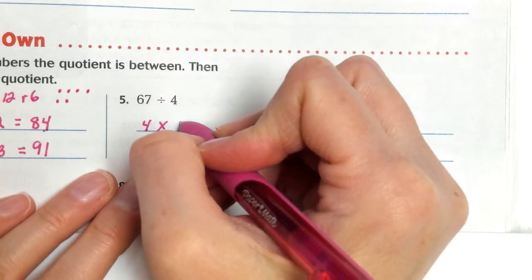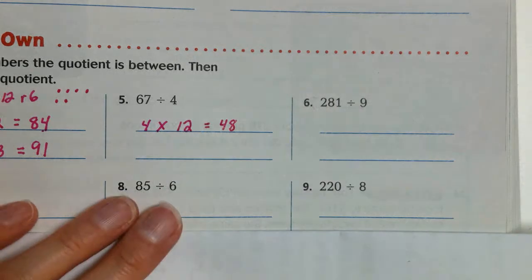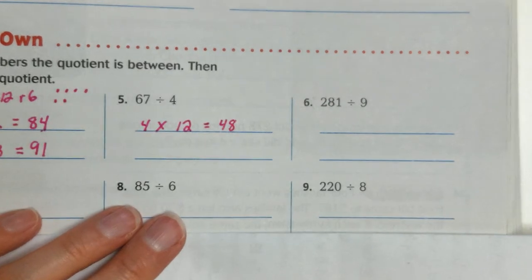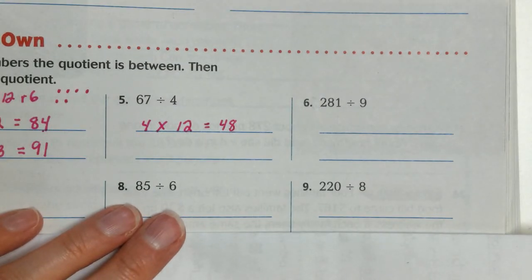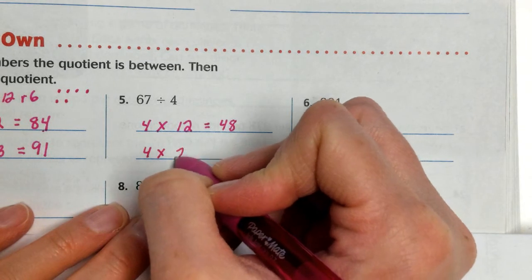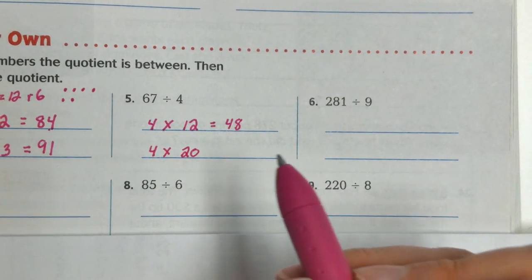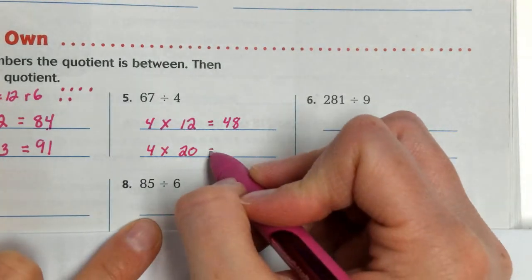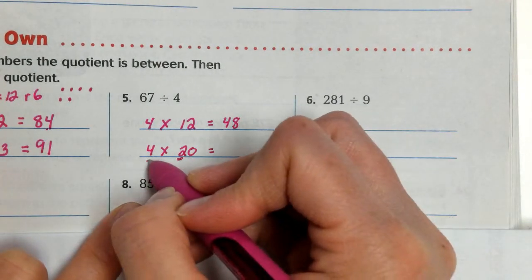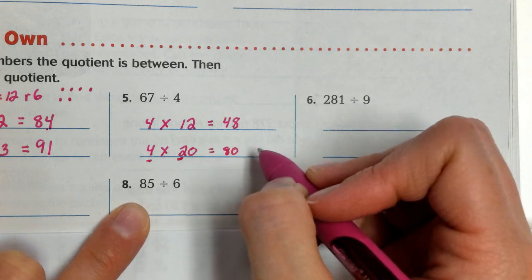So if I say that 4 times 12 equals 48, let's do 4 times 20, because multiplying by tens is easy, right? What is 4 times 20? It's 80. How would I multiply this? 4 times 2 is 8, and then I bring my 0.